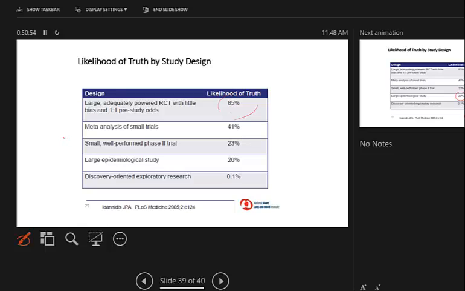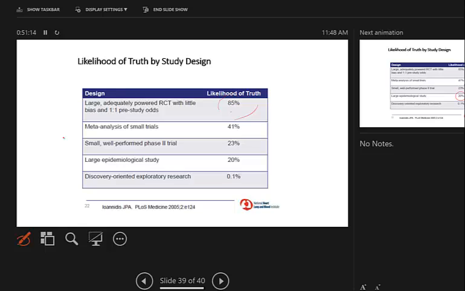Then meta-analysis, which people do often.